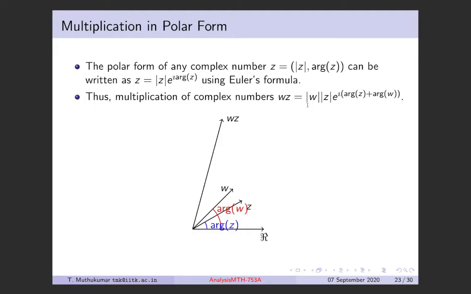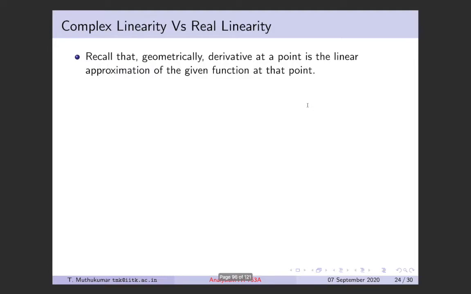Now this connection is very important, and this is what brings the major difference between real analysis, or analysis on R2, and complex analysis. Let's say the notion of derivative, right? When we say derivative, what we are doing is linearly approximating the graph of a function at a point.